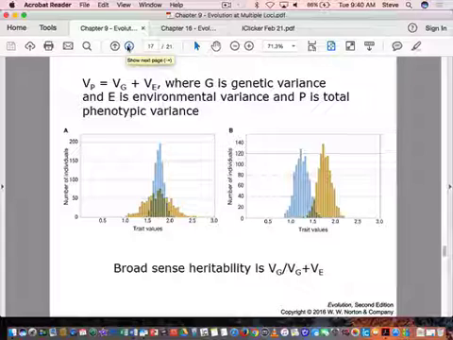Does it look like their distributions look different? Yeah, they are different. So let's go down here and look at individuals that score really low in the trait value and compare them to individuals that have really high trait values. The phenotypic variation that you see in that population could be attributable to two components, a genetic component and an environmental component.